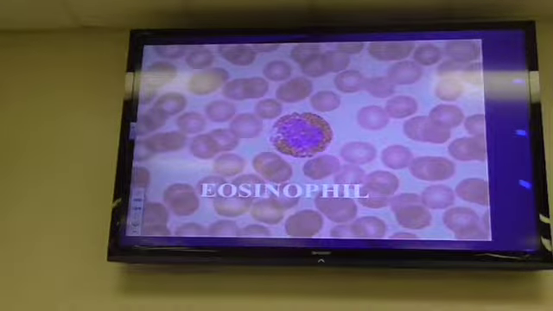Eosinophils, the nucleus pretty much looks like a neutrophil, but how do we distinguish between a neutrophil and an eosinophil? The granules, that's good. They take intense red stain with the eosin, whereas neutrophils take intense bluish stain.